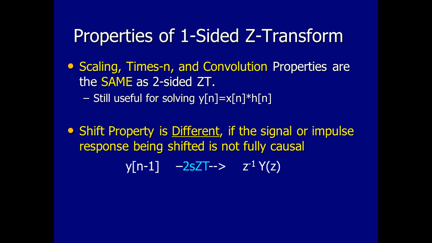The shift property for the two-sided Z transform is: take a signal, shift it, and you get just z to the minus 1 times the transform. Z to the minus 1 was our shift operator. If I delayed by 2, that'd be z to the minus 2. Or if I advanced by 1, that would be z to the plus 1. That was the two-sided transform.